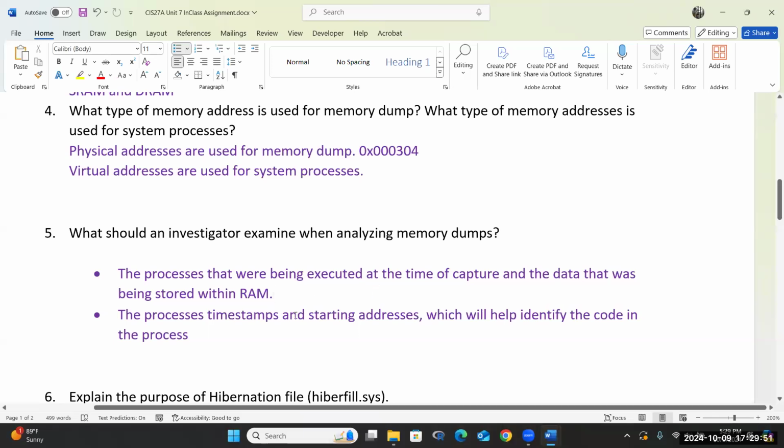So you are going to have starting addresses and ending addresses that you see on the RAM because it moves. Your process actually moved from one location to a different location as it is being executed by the processor.